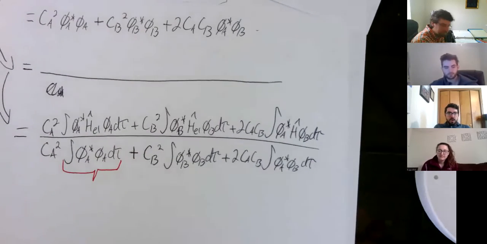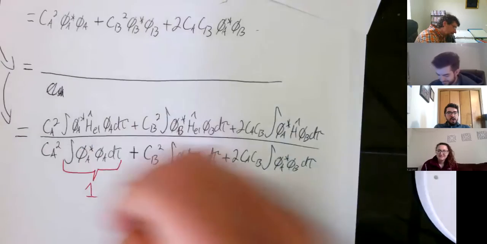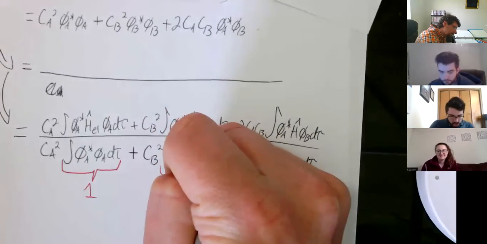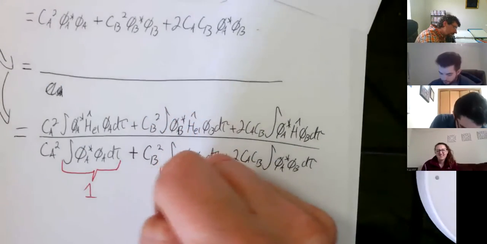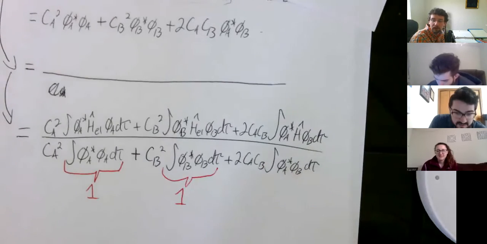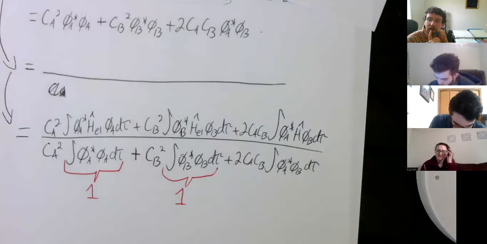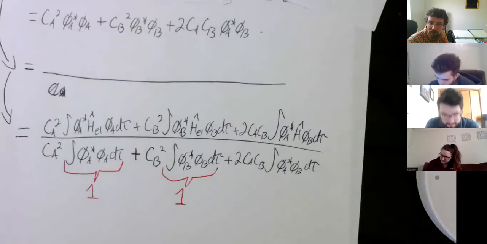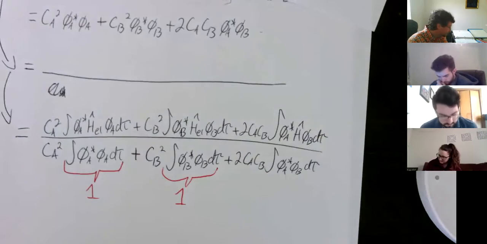It's 1. This guy, 1. And we do the same thing with this one? No, because they're different. The other thing is we have not said that they are orthogonal yet. We have just said that they are normalized.